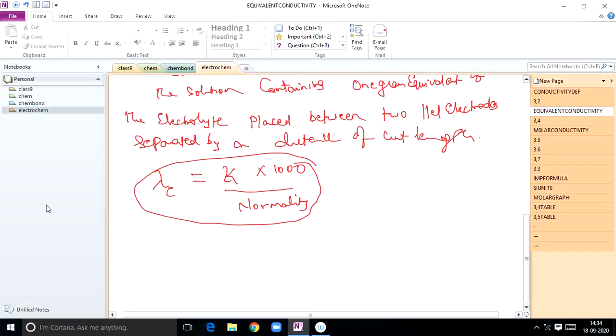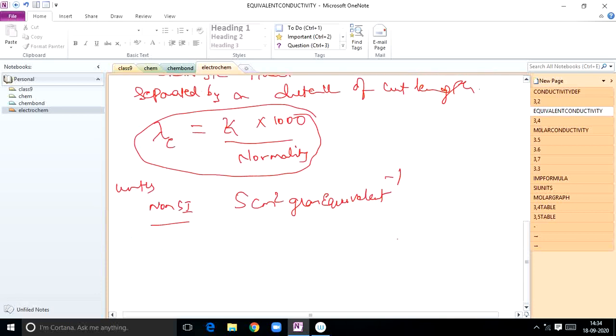So what are the units in the non-SI system? The units of equivalent conductivity are Siemens centimeter square, gram equivalent inverse. Whereas in the case of SI system, Siemens meter square, gram equivalent inverse.